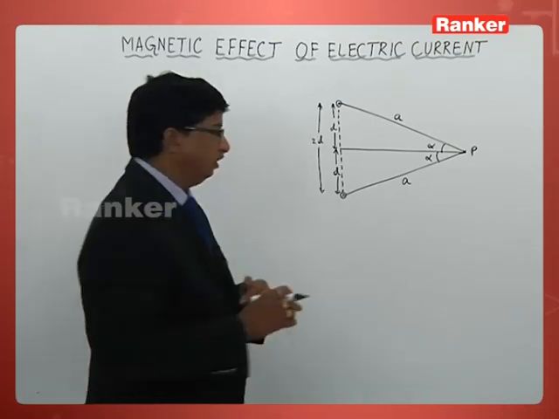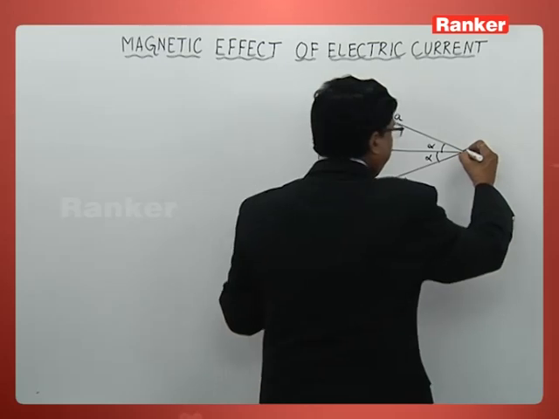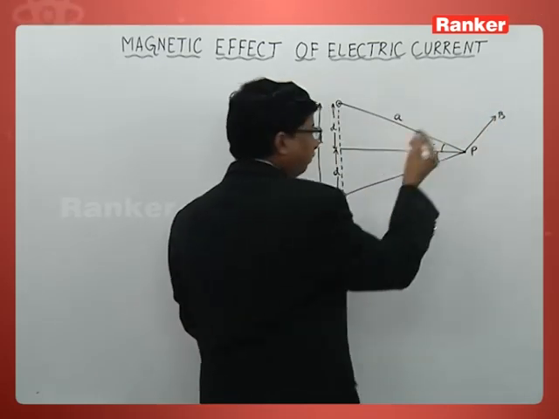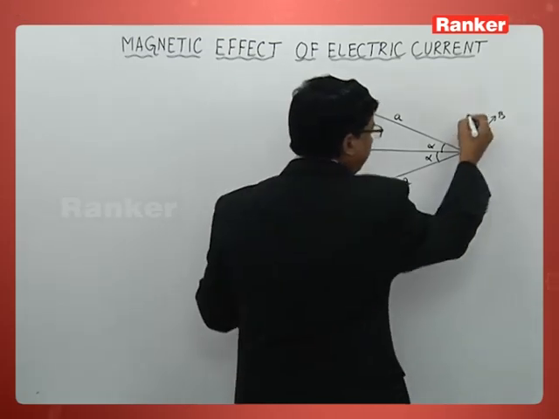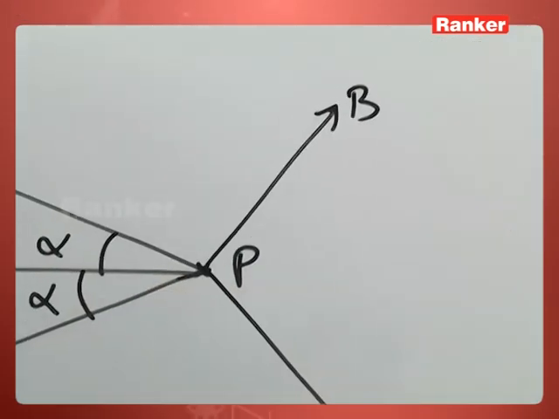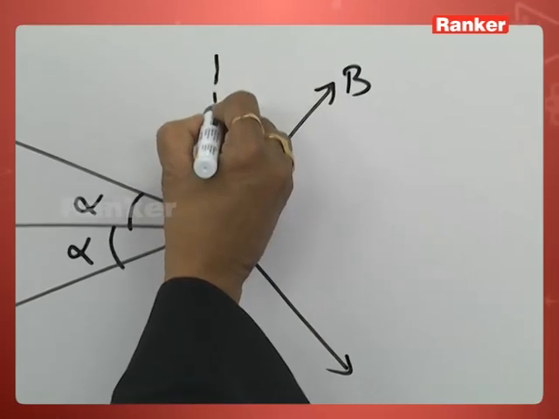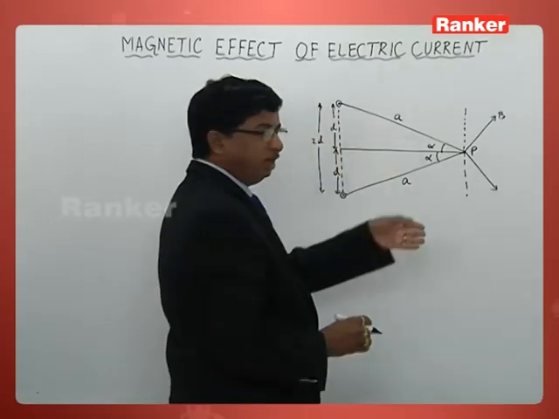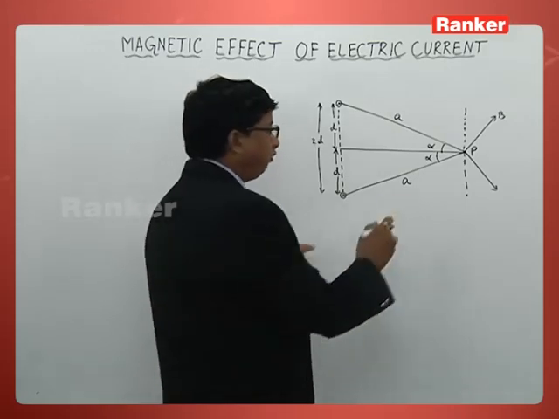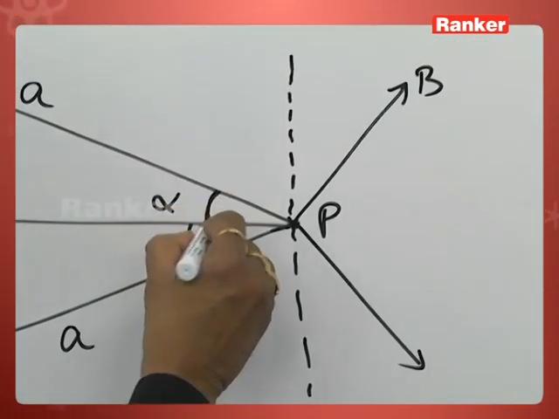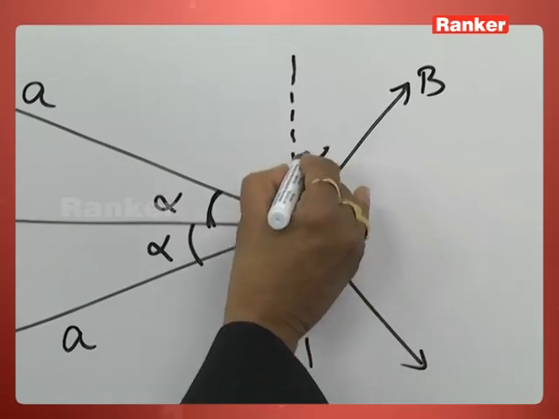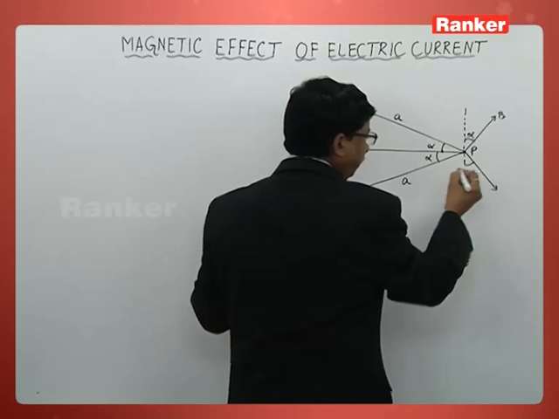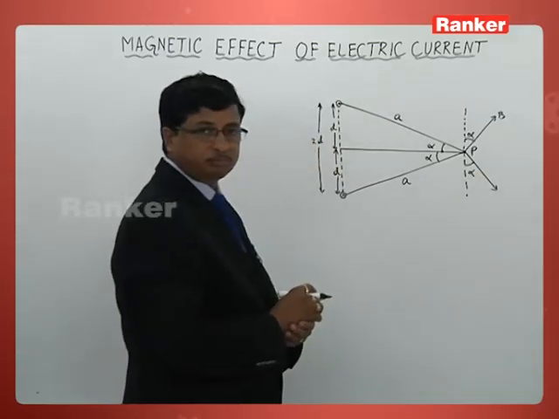If I consider the magnetic field direction over here like this, B with respect to one of the currents, and the magnetic field with respect to the other current also as B like this, and I draw one normal there, when this angle is alpha, this also will be alpha mathematically.